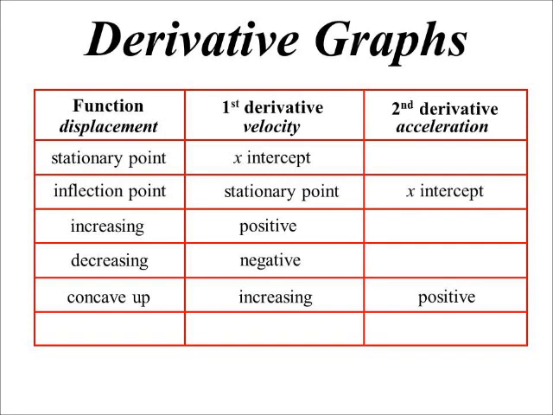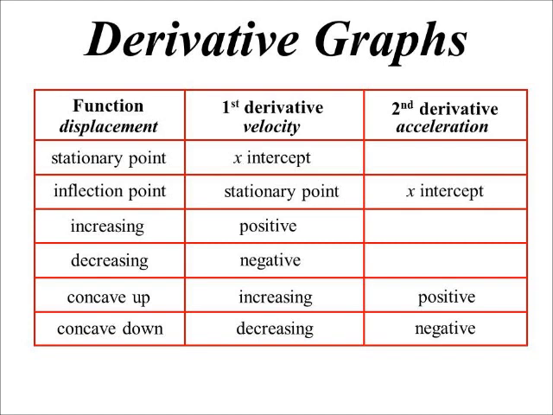So using the same logic as before, if the second derivative is positive, it must have come from something that was increasing. So if the displacement graph is concave up, the velocity graph should be increasing, and the second derivative or the acceleration should be positive, and concave down, therefore, it would go decreasing and negative. So that's how we translate information.